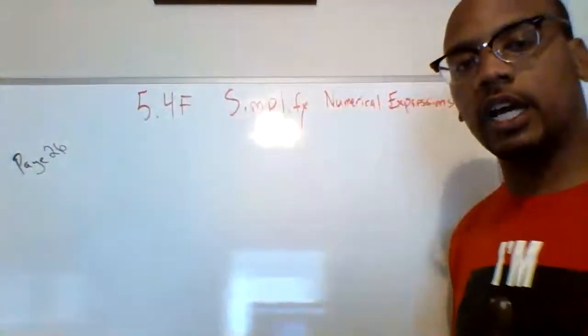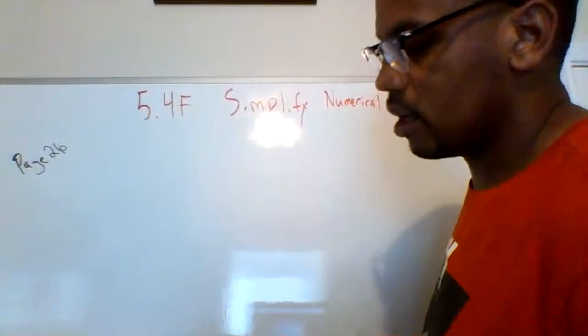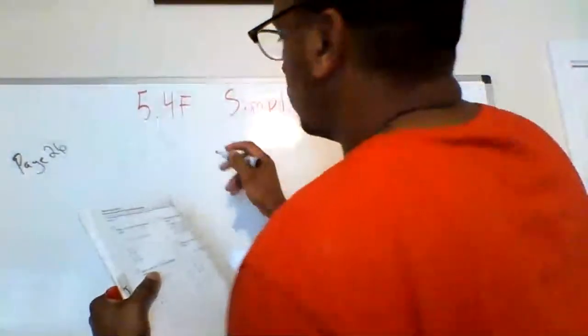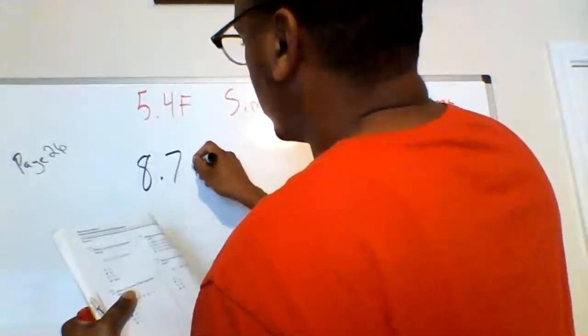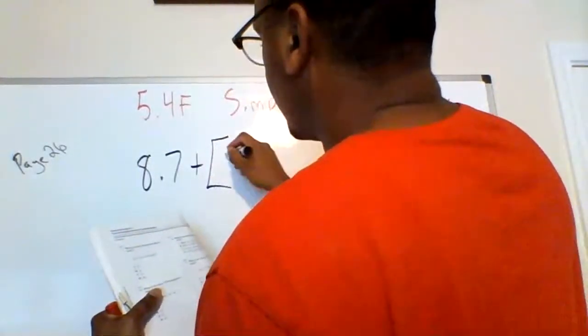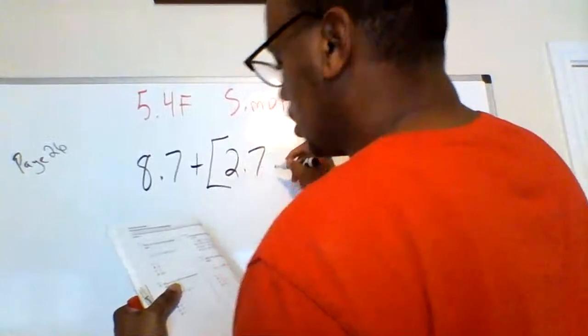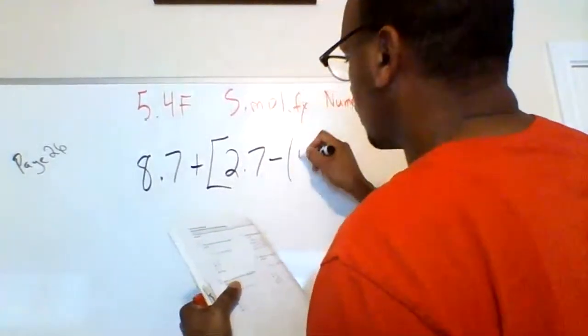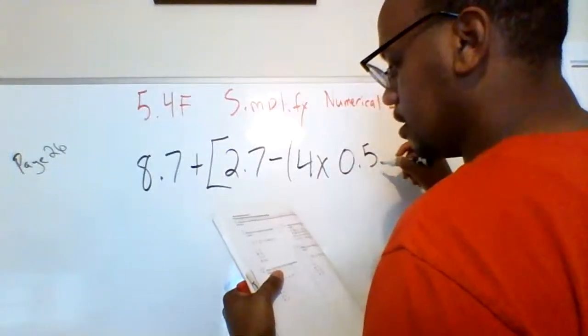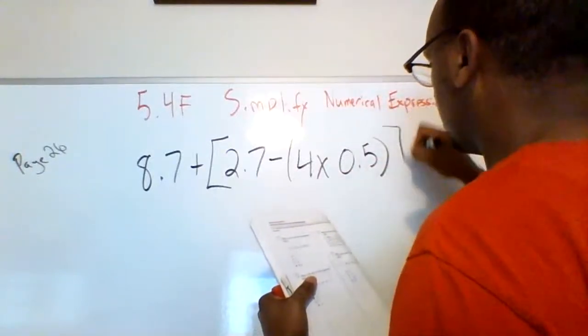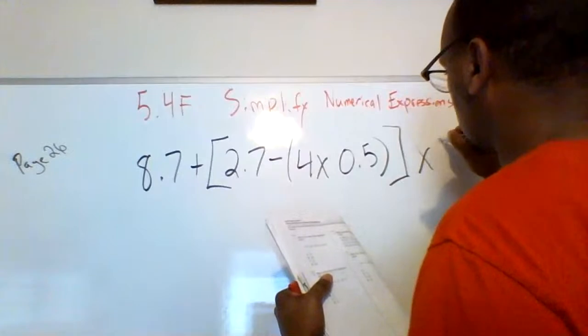All right, so if you look at number one, it says 8 7/10 plus brackets 2 7/10 minus parentheses 4 times 0 5/10 parentheses brackets times 9.